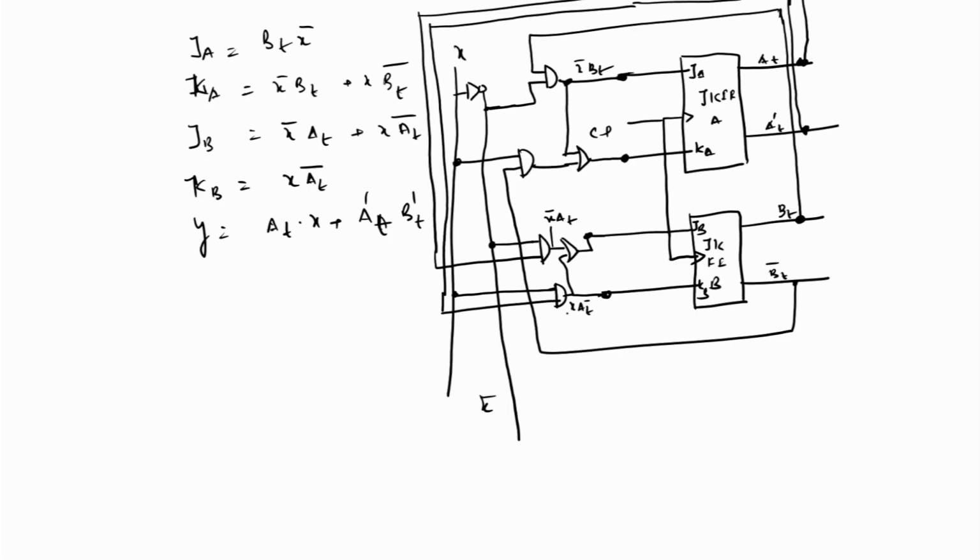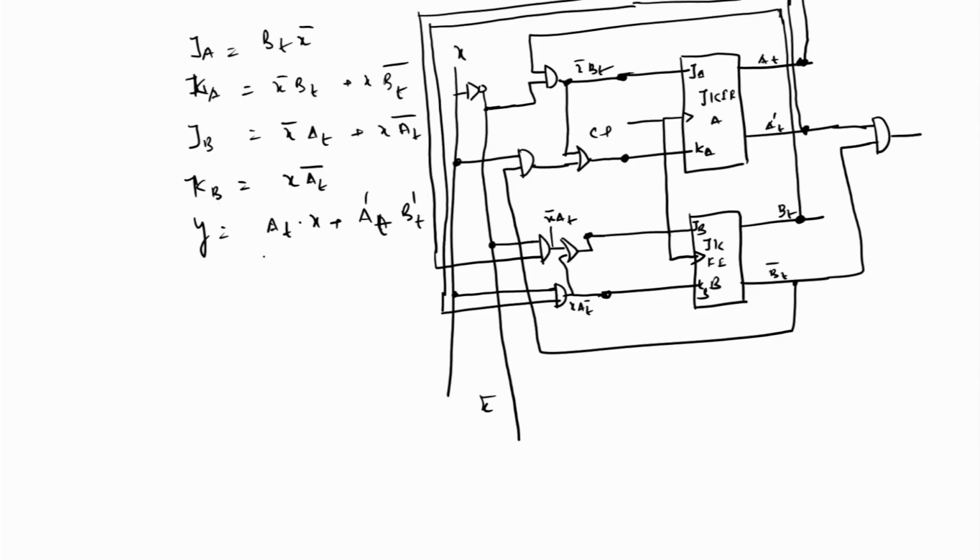Then finally, what will be the output for Y? Y is nothing but AT into X plus AT complement BT complement. Here AT complement and BT complement are taken from here, and these are combined using an AND gate.